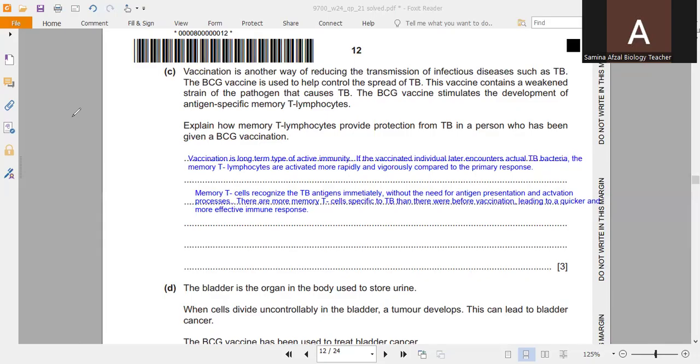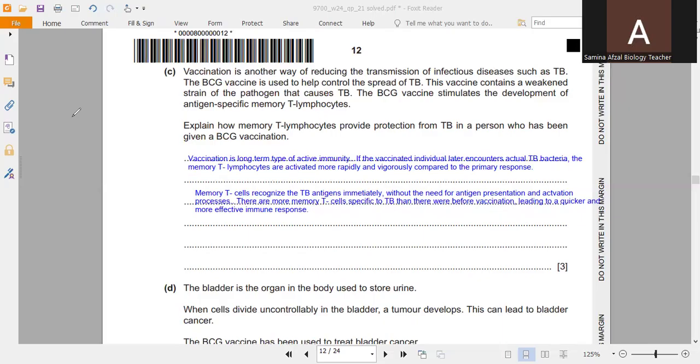A vaccine contains dead or nearly dead microorganisms which are injected into the body of the organism. When a microbe enters the body, the lymphocytes detect and recognize the pathogens and mark them, and then they start secreting antibodies, which are produced in response to the toxins produced by the microorganisms.